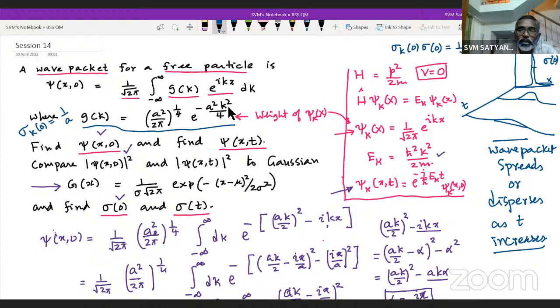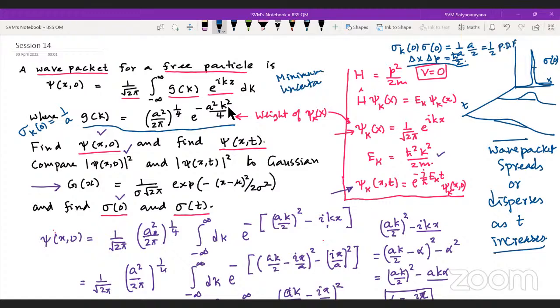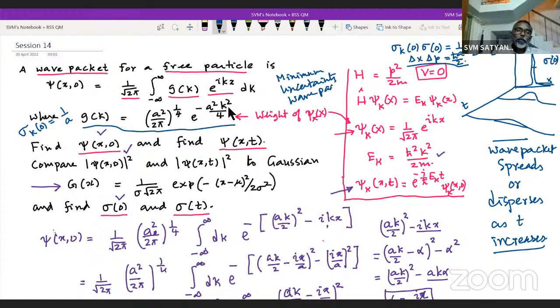So that is equal to 1 by a into a by 2, which is equal to half. But if you want delta x delta p, p is h cross k. So delta x delta p is h cross times this, that is h cross by 2. So the Gaussian wave packet corresponds to what is called the minimum uncertainty wave packet.